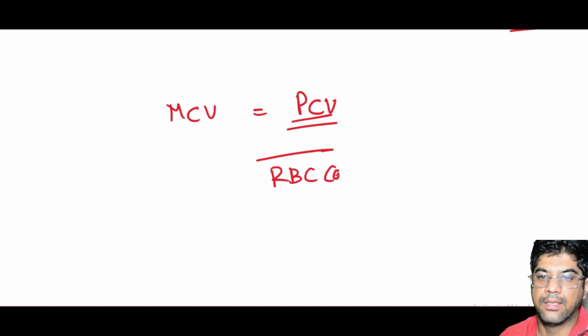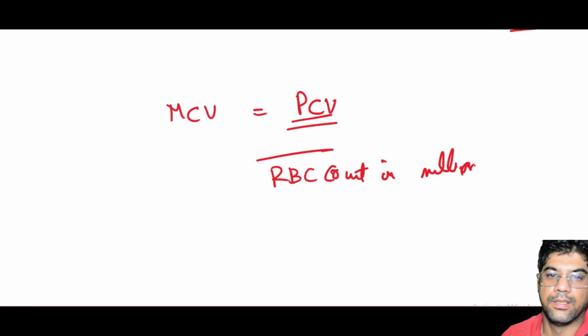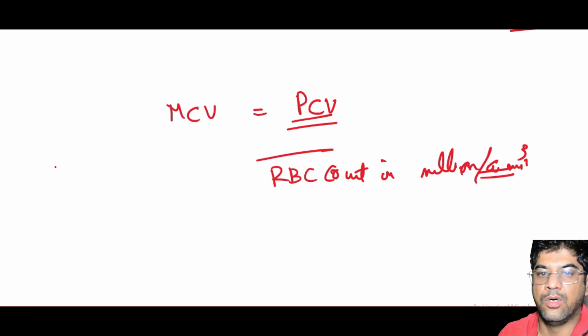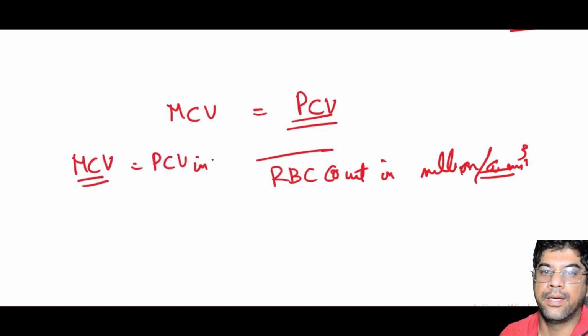MCV, remember, it is measured by PCV divided by RBC count in million per cubic mm of blood. So MCV is equal to PCV in 1000 ml or in 100 ml into 10 divided by RBC count.